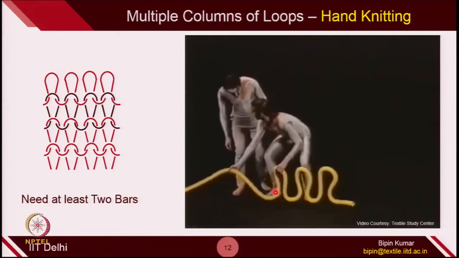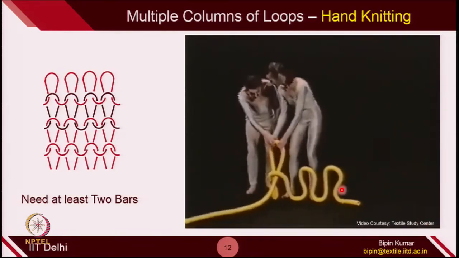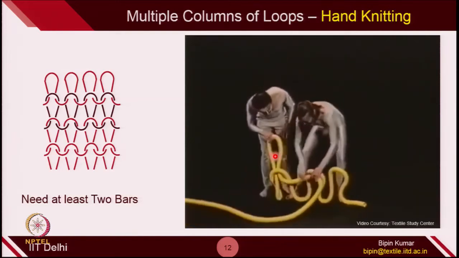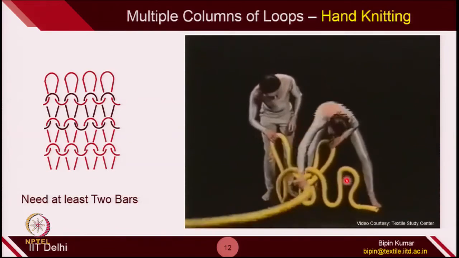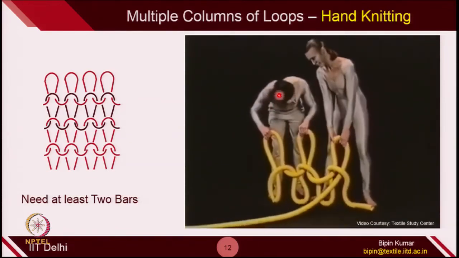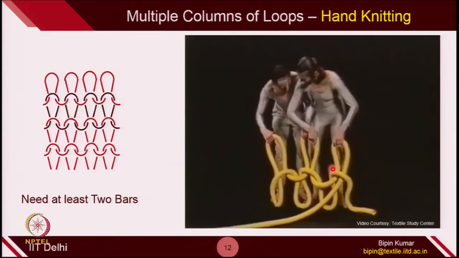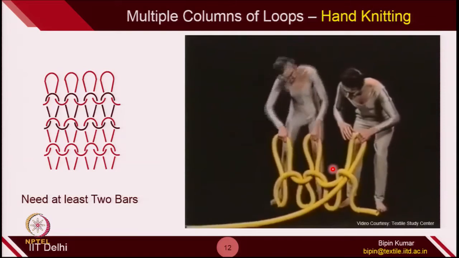So, here you have 3 rows of loops, 3 loops in the same row. We created the first loop in the first column, then the second loop in the second column, and then the third loop in the third column, and the other bar is helping in holding the new loop. The new loop always has to be held, otherwise it will just fall off.